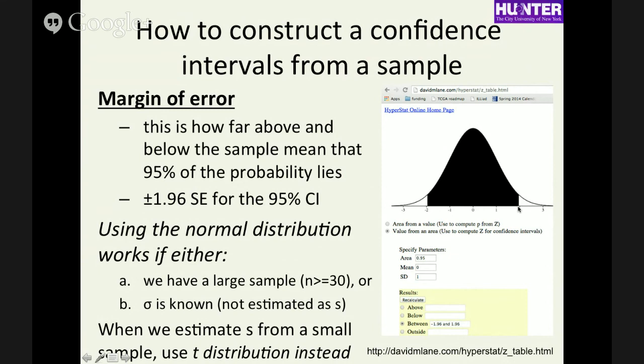So on the scale of z, for the 95% confidence interval, the margin of error is 1.96 in terms of z, and then when you multiply that by the standard error, it gives you your margin of error in terms of whatever it is you're actually measuring. Thank you.